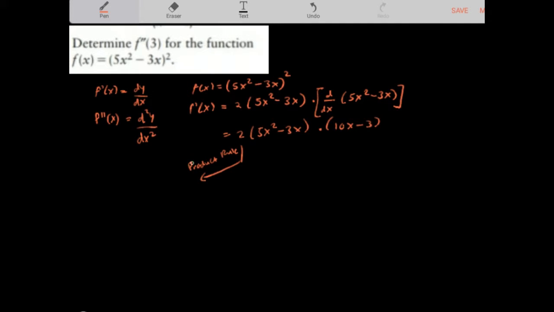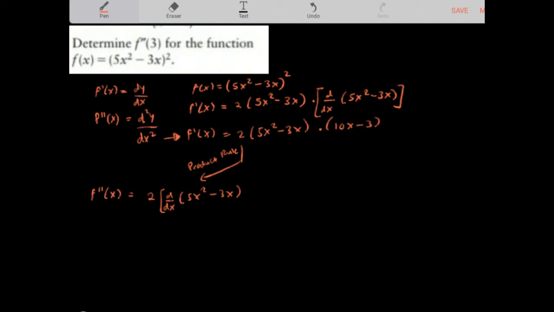If I was going to look at this using the product rule, how I would look at this, so f double prime of x is the derivative of the first derivative function, which we already found here, right? If I use the product rule, I'm going to leave the 2 out here. I'm going to do the derivative of 5x squared minus 3x.